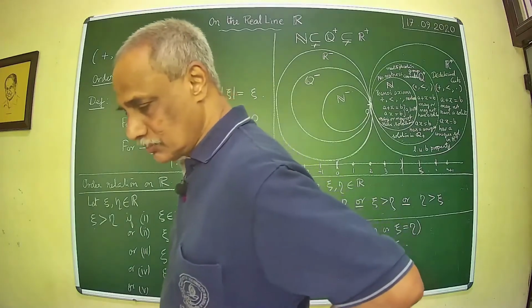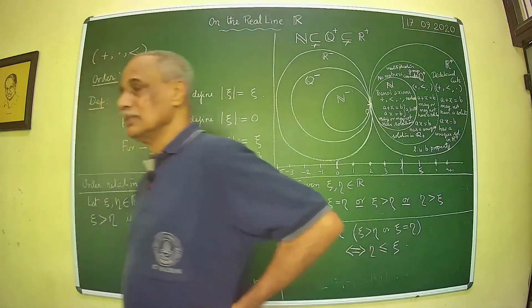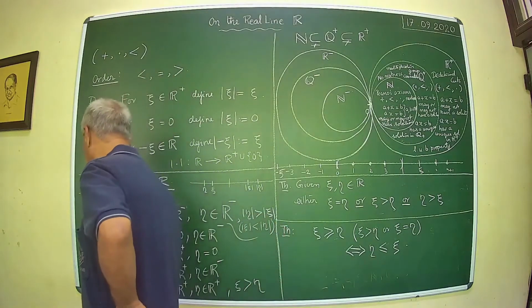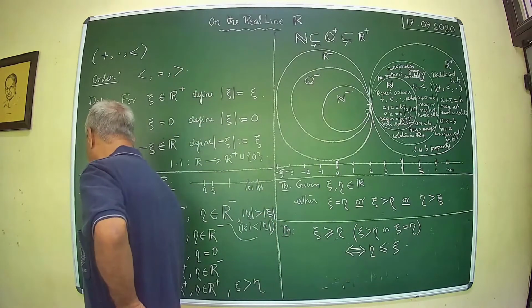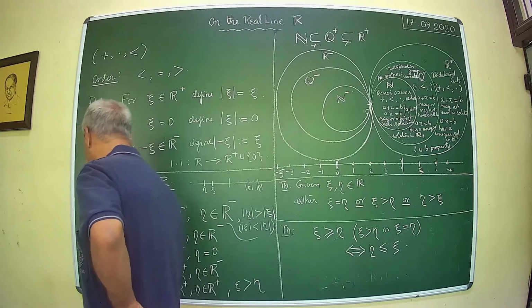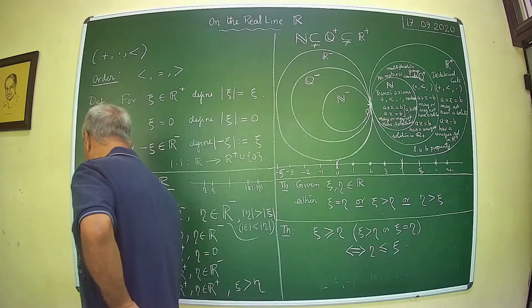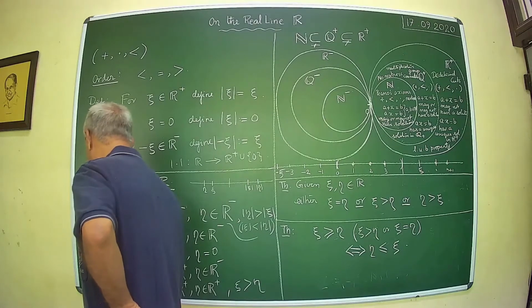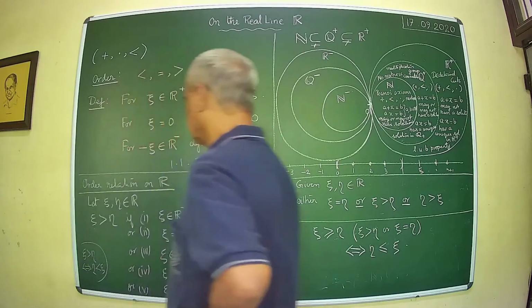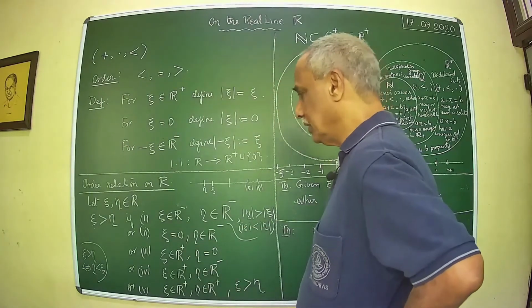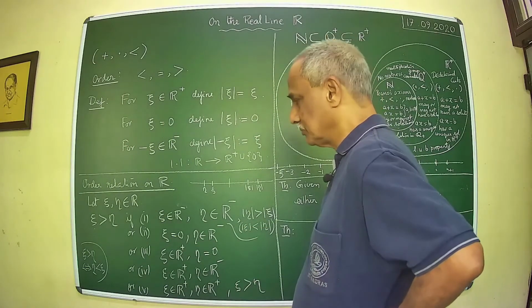Similarly, you can write down what less than is all about. Because whenever you say psi is greater than eta, it is equivalent to eta is less than psi. Only when the equal to comes, it is different.